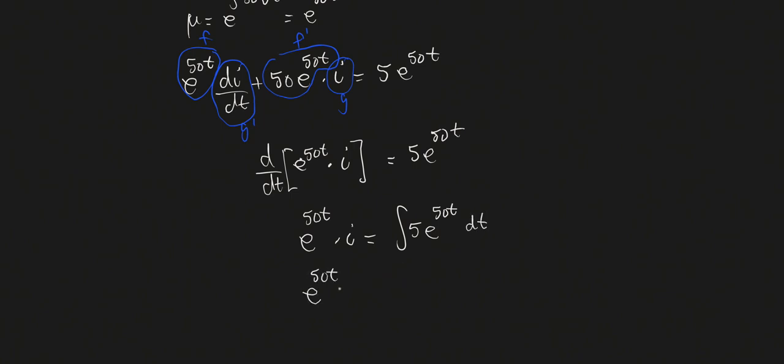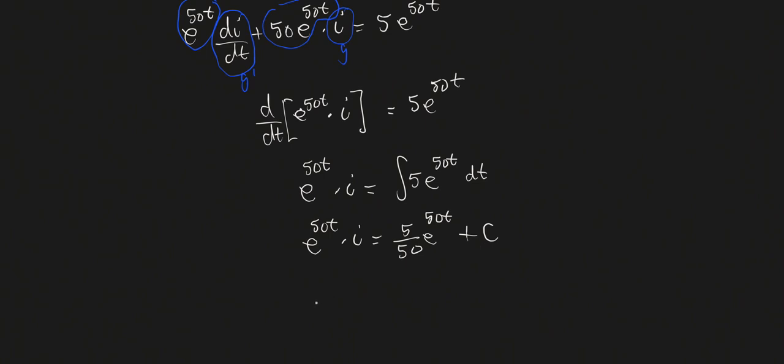When we integrate, we'll have 5 over 50 e to the 50t plus c. So we end up getting 1/10 there. So e to the 50t times I is equal to 1/10 e to the 50t plus c.